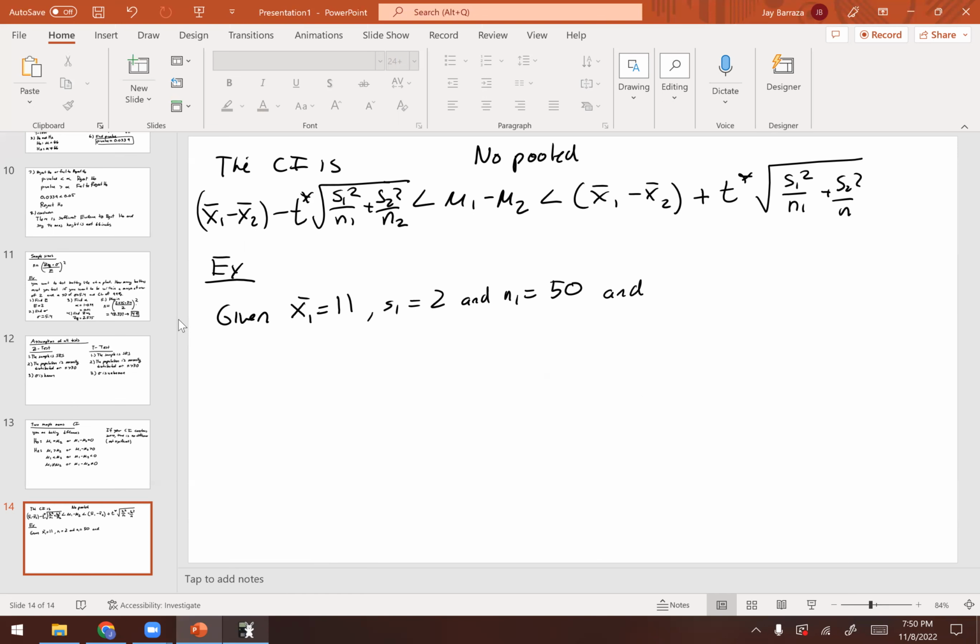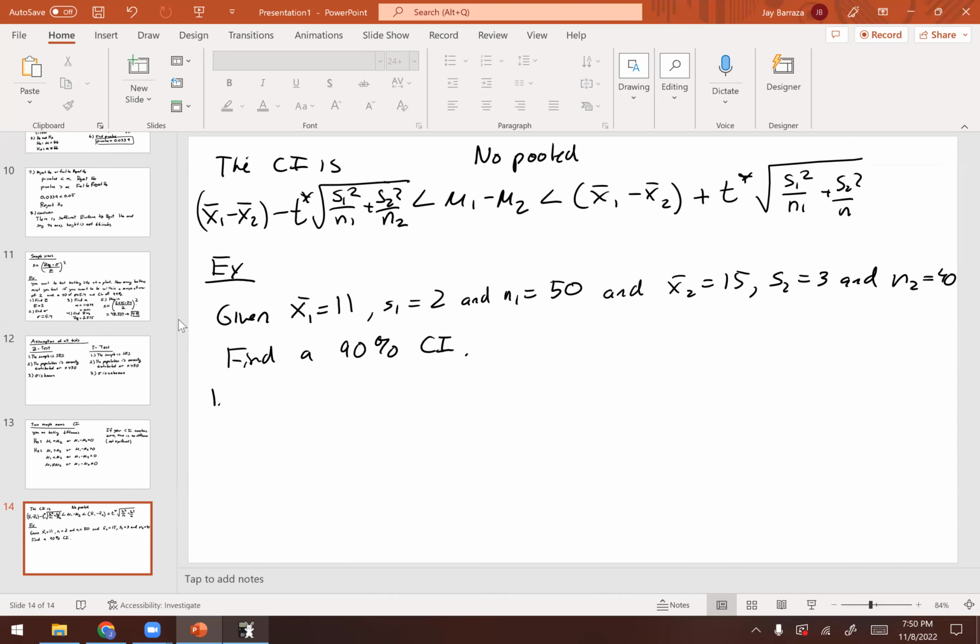X bar 2 equals 15. S2 is equal to 3. And N2 equals 40. Okay. Find a 90% confidence interval. Okay.